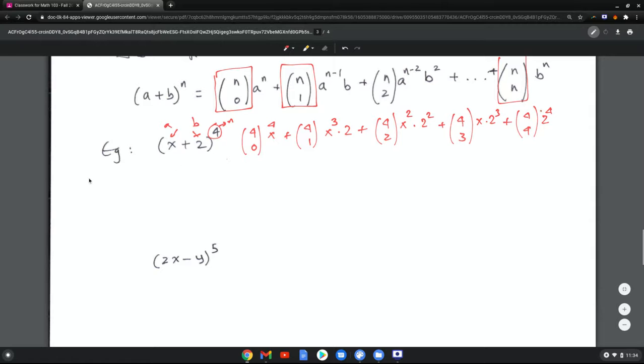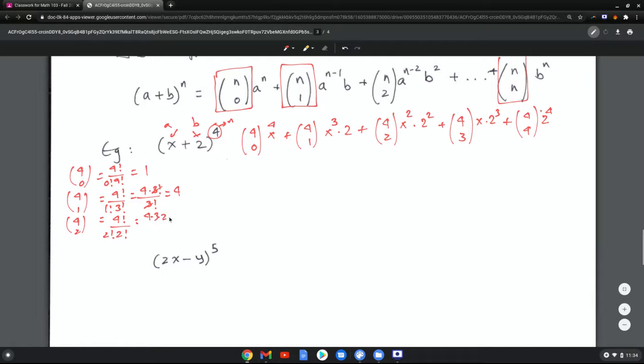Now, let me evaluate these things. 4 choose 0 is 4 factorial over 0 factorial, 4 factorial, which is 1. 4 choose 1 is 4 factorial over 1 factorial, 3 factorial. That's 4 times 3 factorial over 3 factorial, so it's 4. 4 choose 2 is 4 factorial over 2 factorial, 2 factorial.